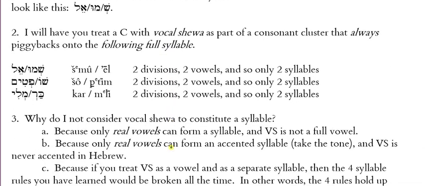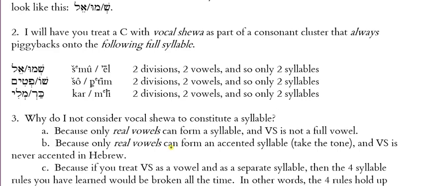So let's take a look here. Here is the example that we were just looking at with Shemuel. And if you'll see what I've done here, I've left the consonant with the vocal shiva together with the next consonant and its full vowel so that it creates one consonant cluster syllable. Shmu, shmu. And then el is the second syllable.